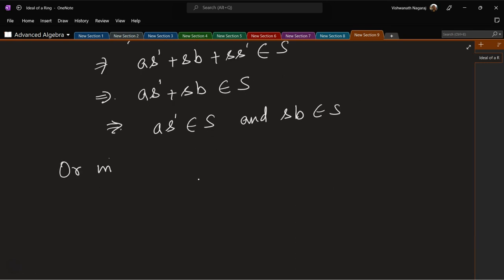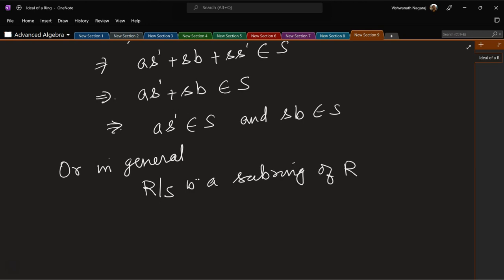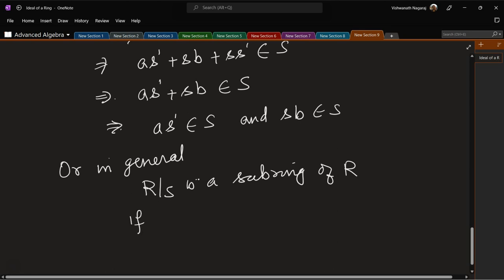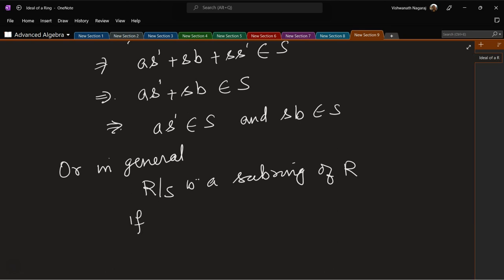Or in general, we can say R by S is a subring of R if, instead of using a and s, I will replace a with r, an element of the ring.